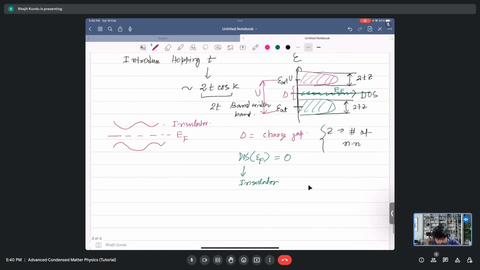Here also the same concept is still there: the density of states is 0 at the Fermi energy. You can also have metals, where the Fermi energy is given by this, but clearly there are states here and here. So the density of states is non-zero for this.